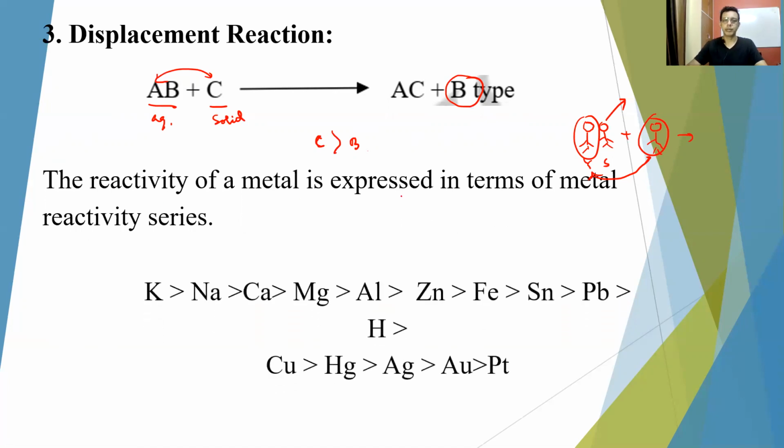So this is the reactivity series: potassium, sodium, calcium, magnesium, aluminum, zinc, iron, tin, lead, hydrogen, copper, mercury, silver, gold, and platinum. So these elements are given in the reactivity order. This is less reactive, and this is most reactive.